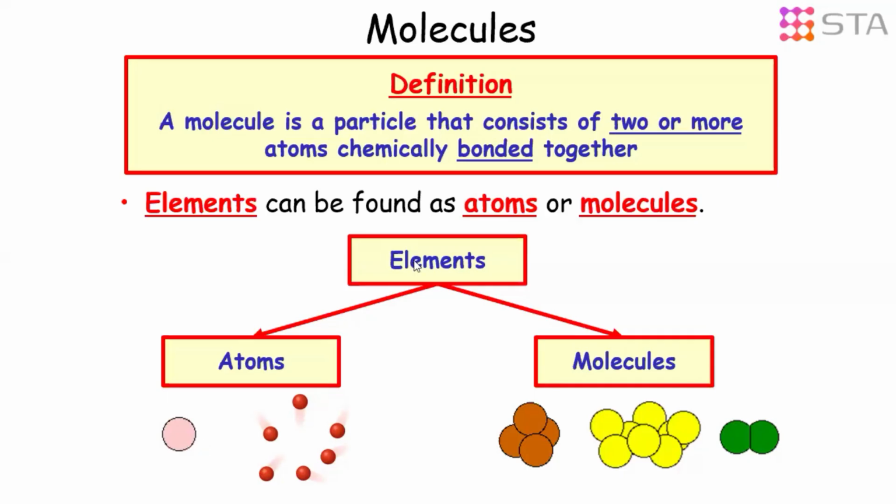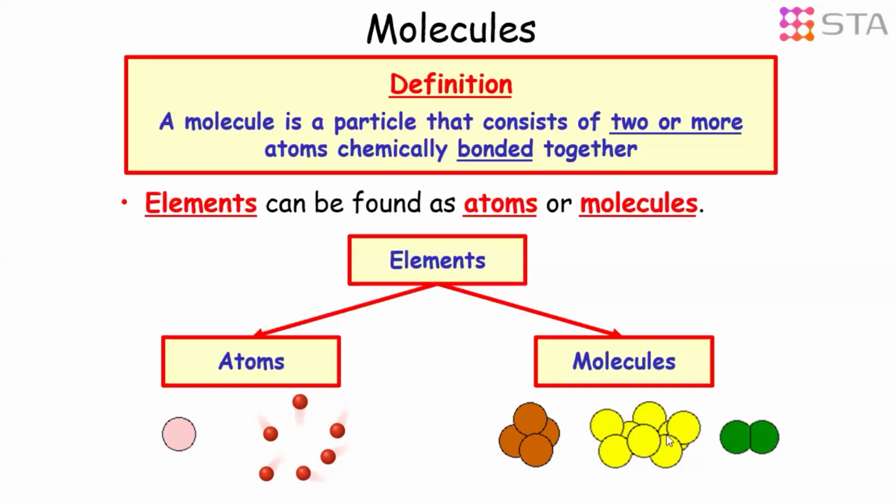However, the majority of elements actually have atoms that are bonded together to form what we call molecules. If we look at the first molecule here, we can see that there are 4 atoms that are chemically bonded together to make a molecule of 4 atoms. This is still an element because all of the atoms are of the same type. This molecule is made up of 8 atoms bonded together.